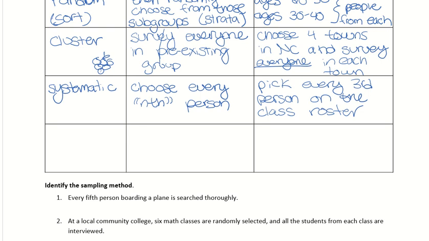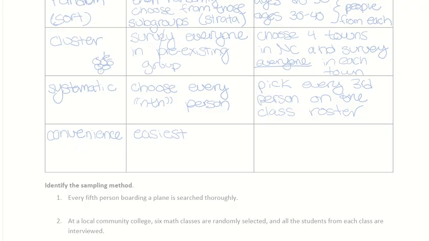Okay, so the last one is a pretty bad way to sample, but it's more common than you might think. It's called convenience sampling. And convenience sampling is where you choose members of your sample that are easiest for you to access. So survey the next 8 people you see.